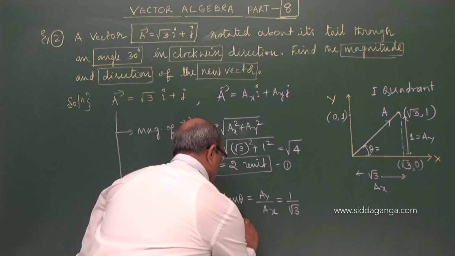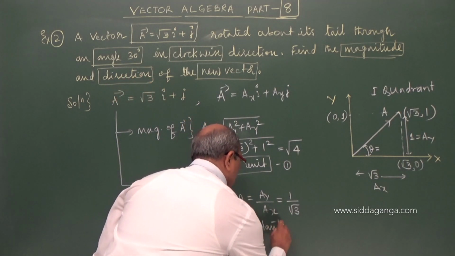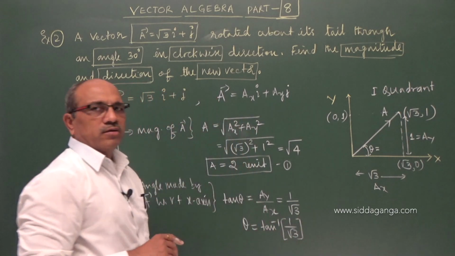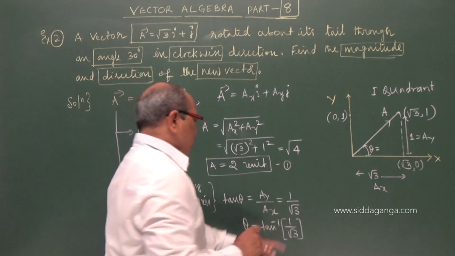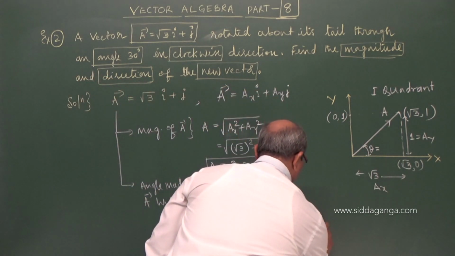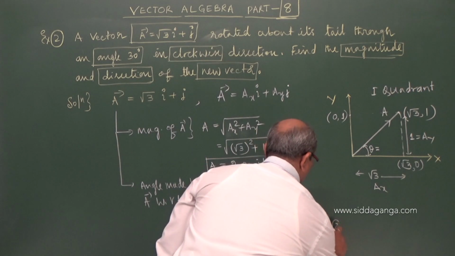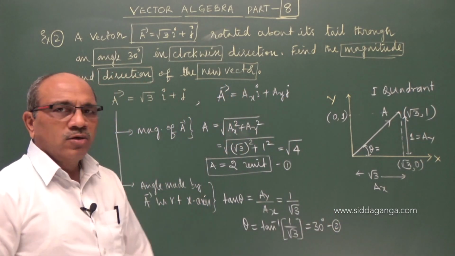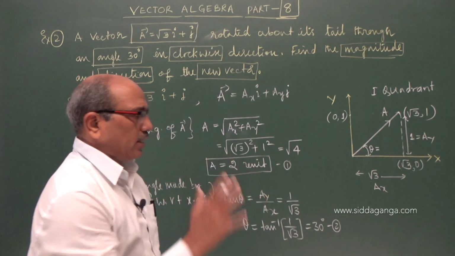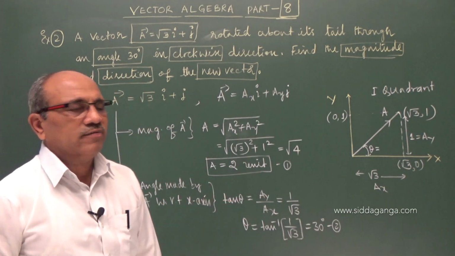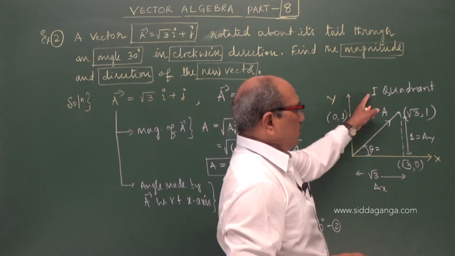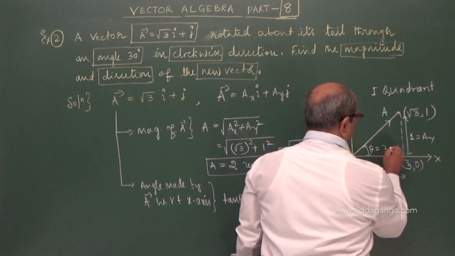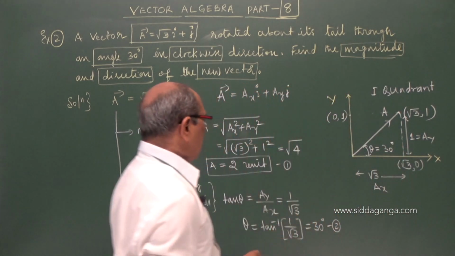What does it suggest? Theta equals tan inverse of 1 by root 3, which is 30 degrees. You got it. First part is completed: we located where the vector is, in the first quadrant, and the angle is 30 degrees.